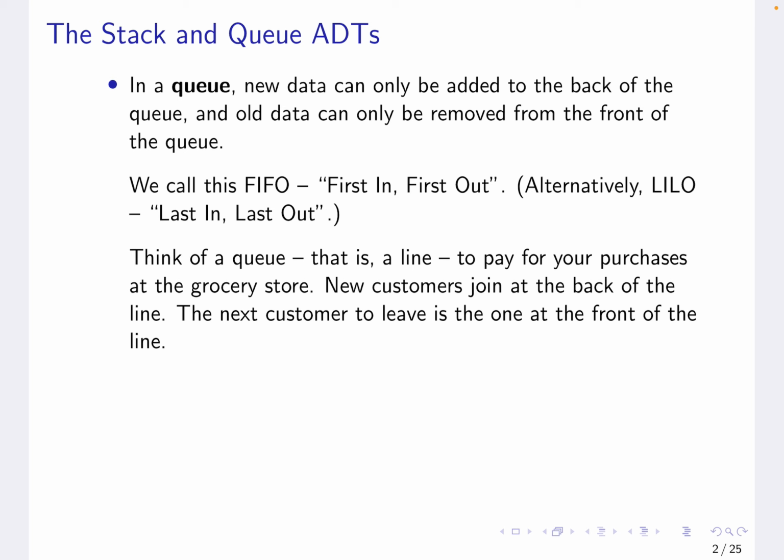If you already have a few items in your queue, new items join at the back of it, and items are removed from the front. Like the slide says, think of a line for purchases at a grocery store. New customers join at the back of the line, and the next customer to be served is the one at the front of the line.